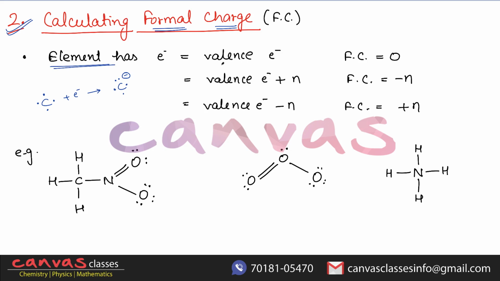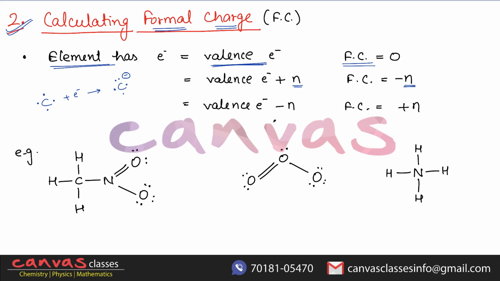Any element will have a certain number of valence electrons. When it only has available electrons equal to its valence electrons, then the formal charge is 0. If the available electrons are more than valence electrons, for example we have n additional electrons, then it will have a formal charge of minus n.